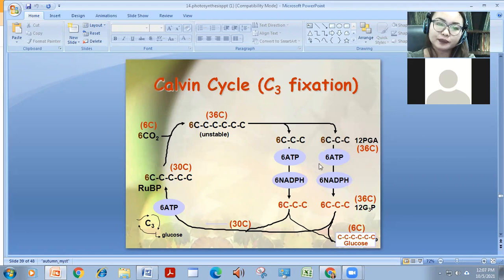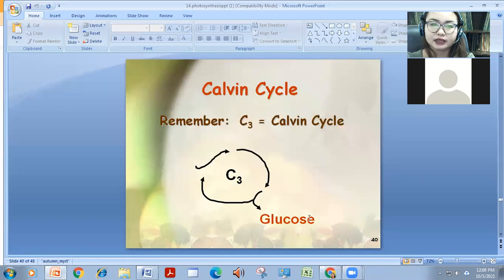This is starting with the glucose, where it goes through different processes, as you can see here, for 6 ATP, 30 carbons, 6 carbons, 36 carbons, and up to another glucose. So the Calvin cycle is C3.